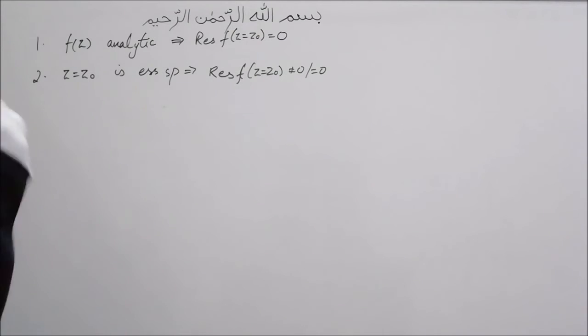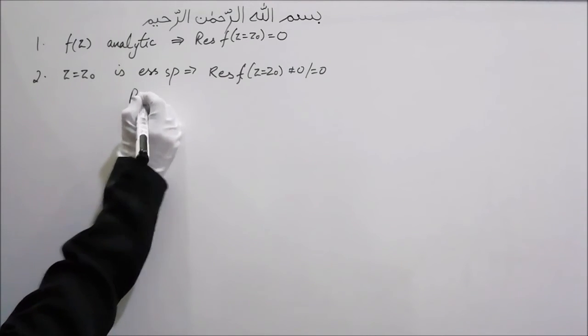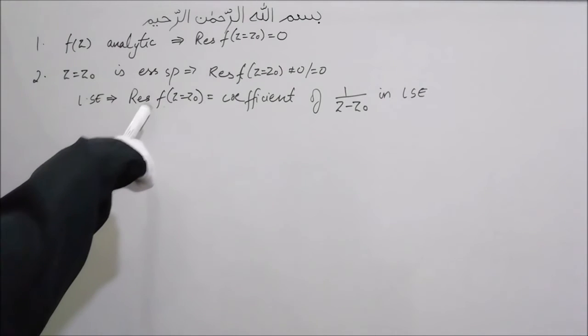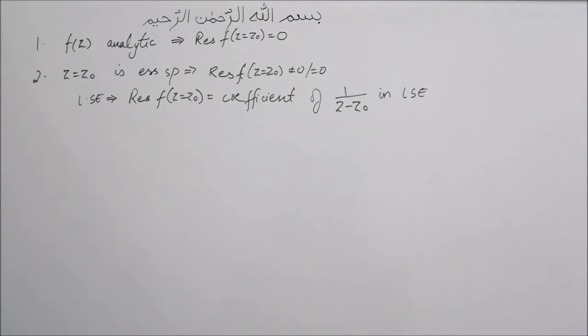So how do we find the residue for essential singular points? For that we'll take the Laurent series expansion, and then the residue of f of z at z equals to z0 will be the coefficient of 1 by (z minus z0) in the Laurent series expansion.